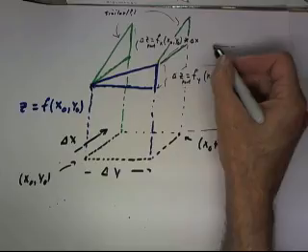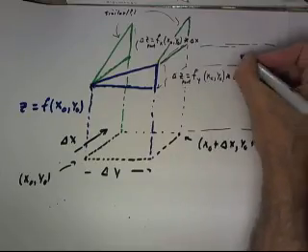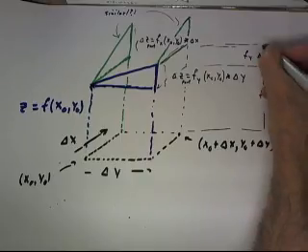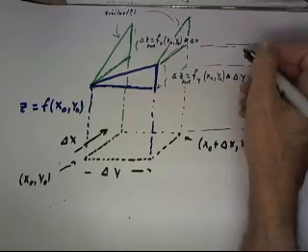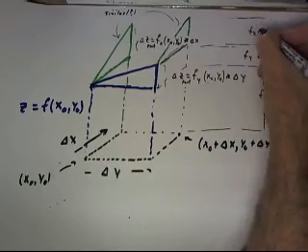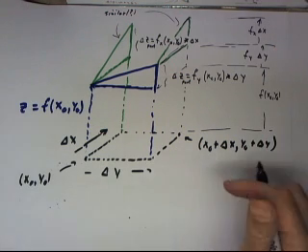Then from here to here, we have fy delta y, fy being evaluated at x naught, y naught. And here we have fx delta x, fx also evaluated at x naught, y naught.